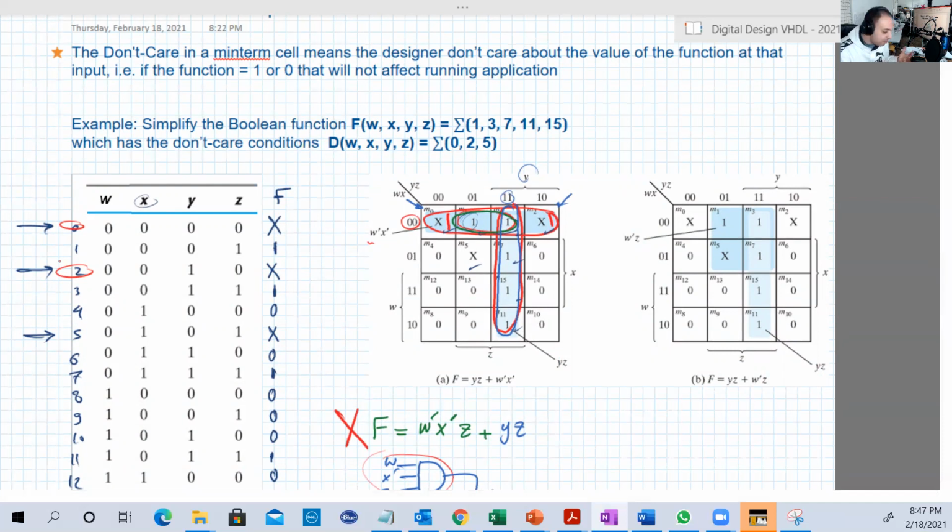I mean by don't care, if for any reason, noise, for example, some glitches happen in your system, and you have W equal to 0, X equal to 0, Y equal to 0, Z equal to 0, at that particular location, f will be equal to 1 because we converted this don't care into 1. But this will not affect the system. The function of the system will not be affected.